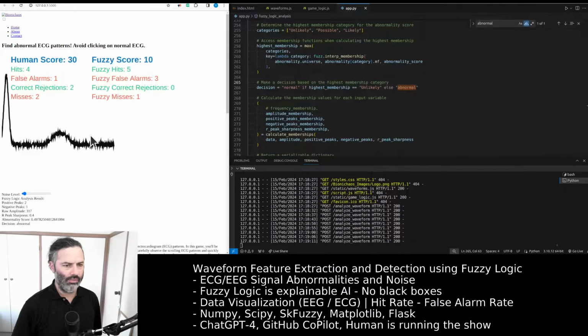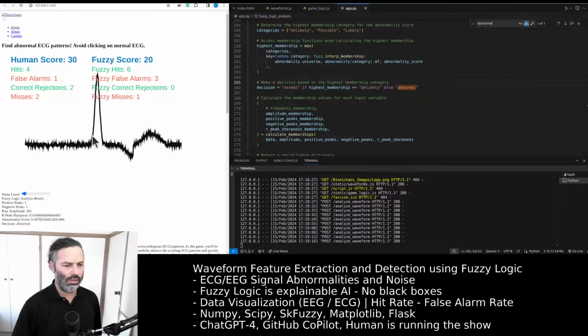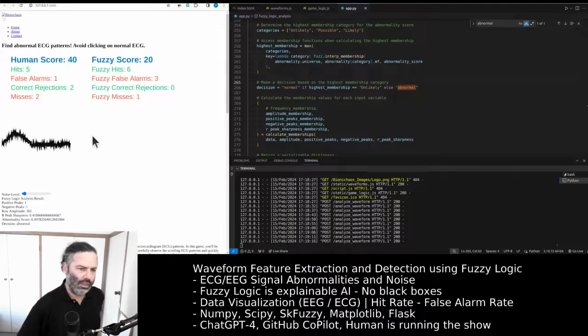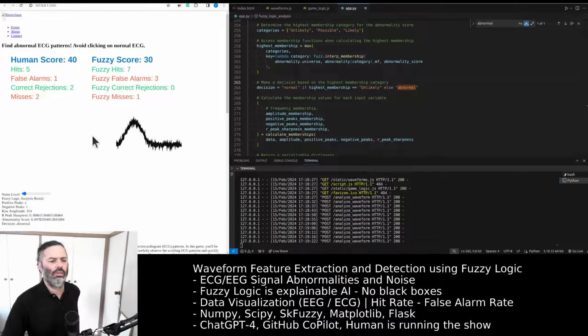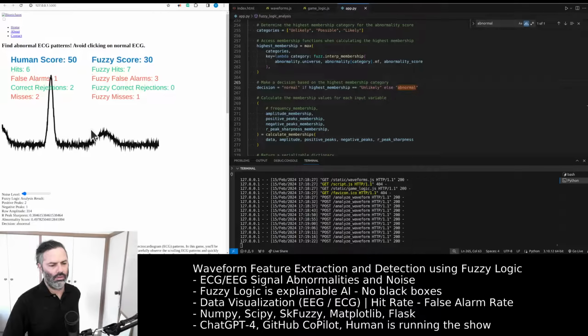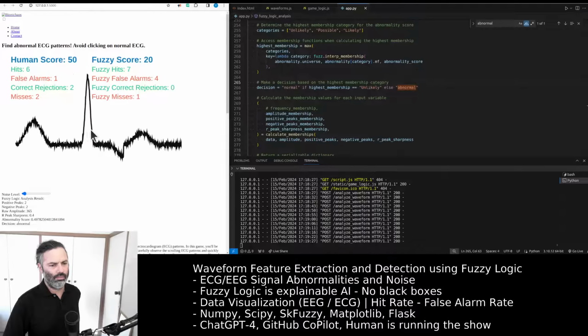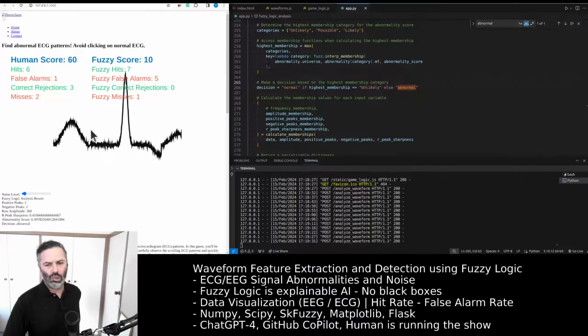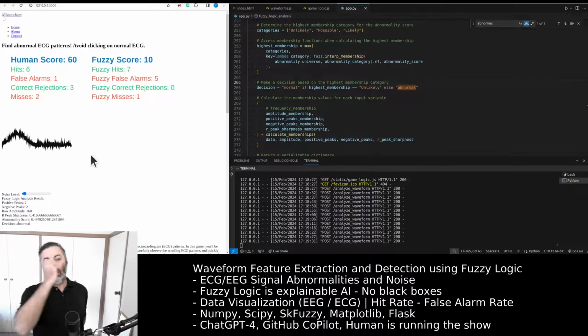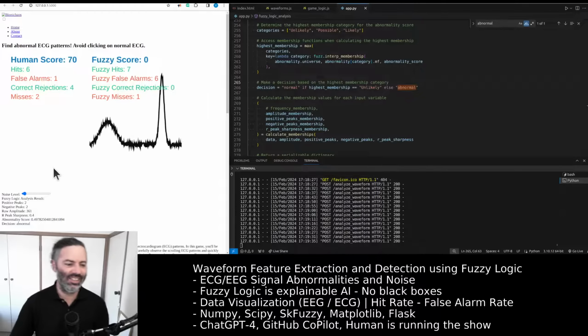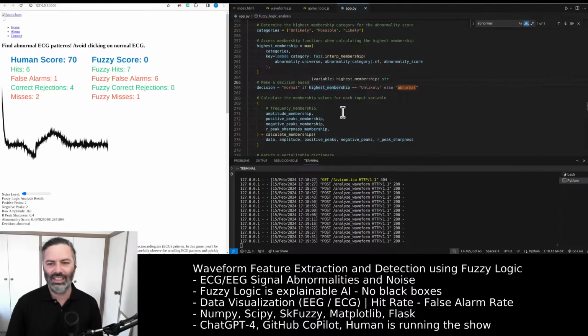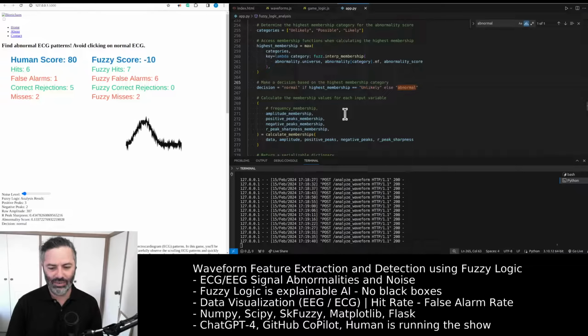Getting a miss for that. It's getting better over time or something. I don't think so. It should be normal. It's not doing great. Let's check the rules again.